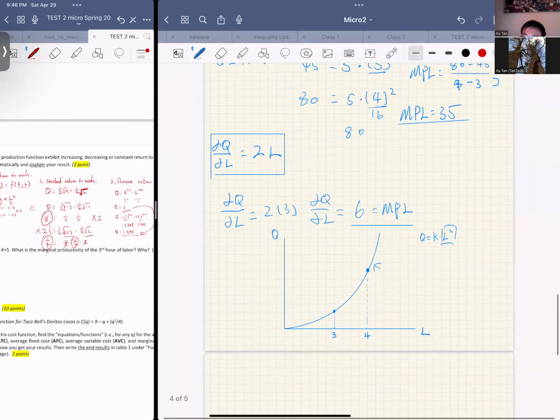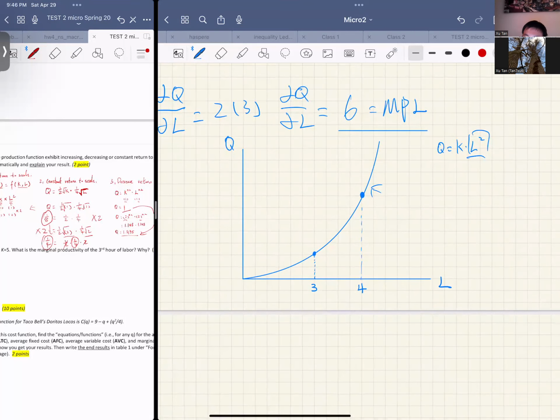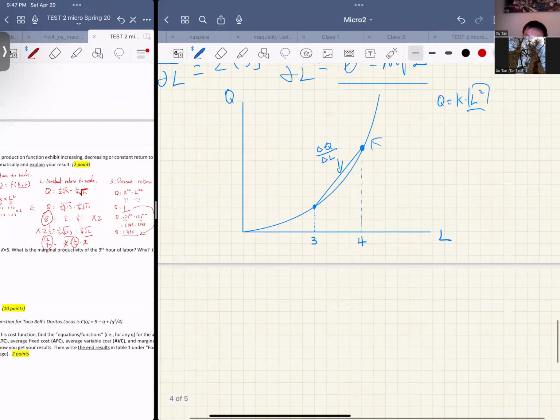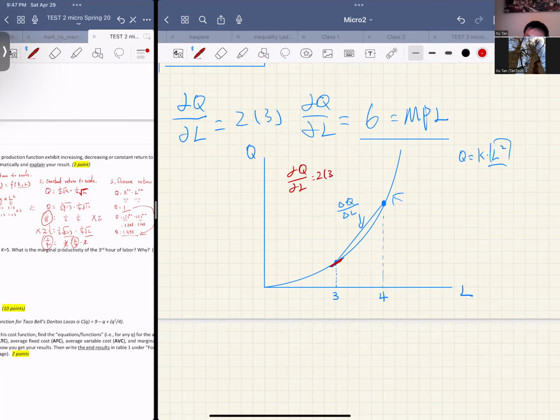Okay. So when we're doing this method, we're actually finding the slope between 4 and 3, right? This is the change in Q over the change in L. So that slope is going to be very different from this slope. Can you see? I'll put it in red. So when you're taking the derivative, when L equals 3, at this moment, what is my slope?